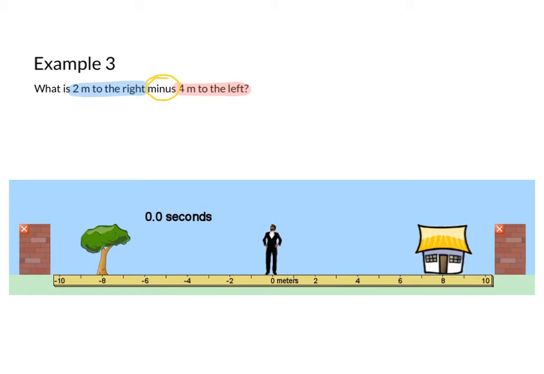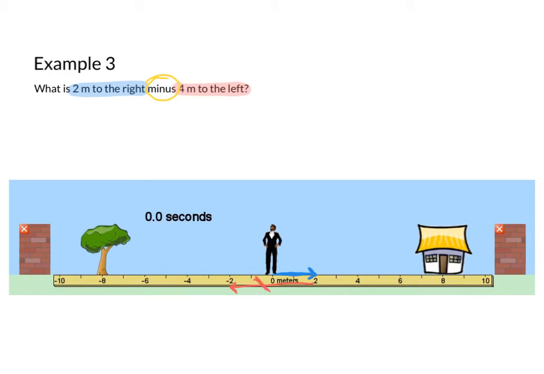So normally when I add 2 meters to the right and 4 meters to the left, my picture will look like this, as you just saw, and we'll end up at -2 meters. But we are flipping our 4 meters to the left.